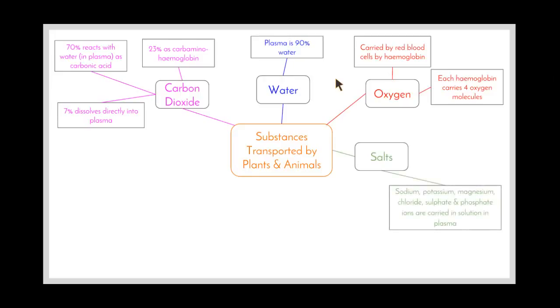So sodium, potassium, magnesium, chloride ions, sulfate ions, and phosphate ions are transported as either positive or negative ions in solution in the plasma. So when these substances dissolve, they form ions, and they're carried around just in the watery part of the plasma. Iron, however, forms a loose combination with the plasma protein to form a transferrin iron complex.